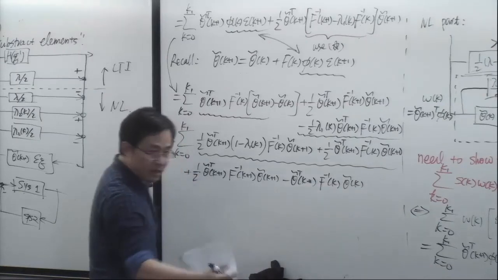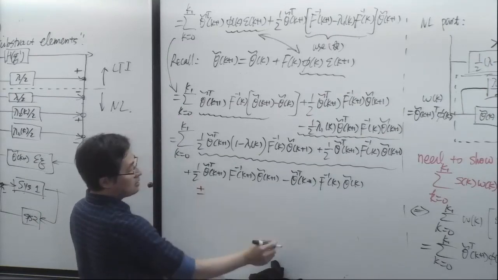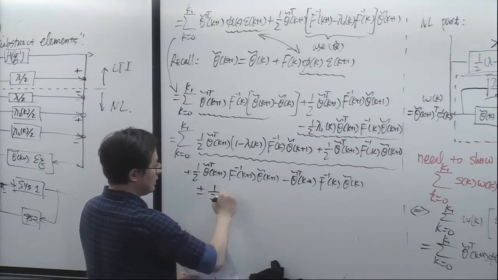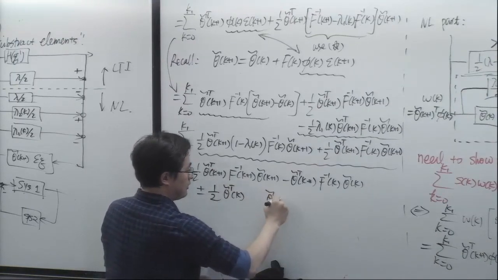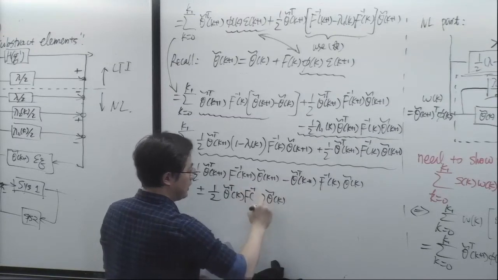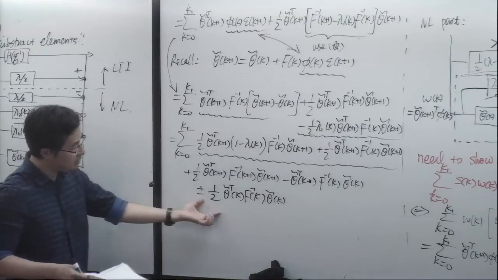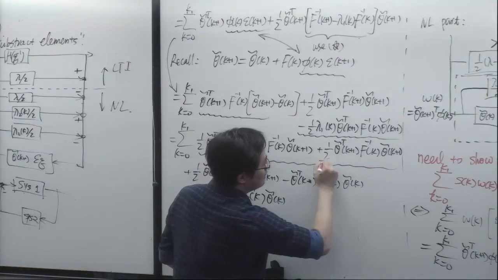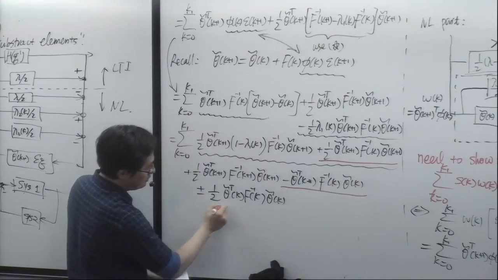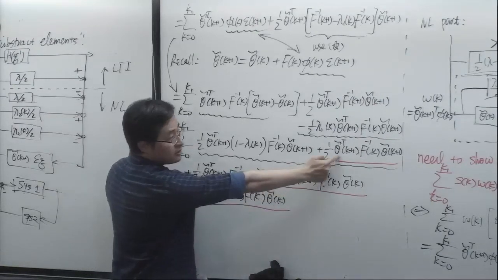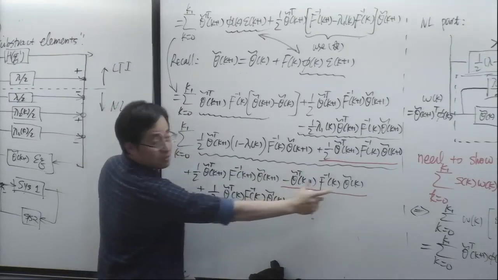We're going to add and subtract something here, and the thing we're going to add and subtract is half of theta k F inverse. Let's try this. Okay, so we're going to add and subtract this term, and then this term. This is a quadratic function about theta tilde k plus 1. This is a quadratic function about theta tilde k. And this is their cross product.